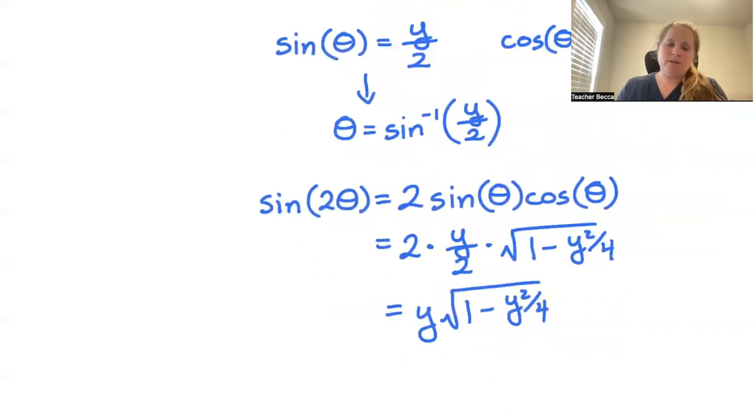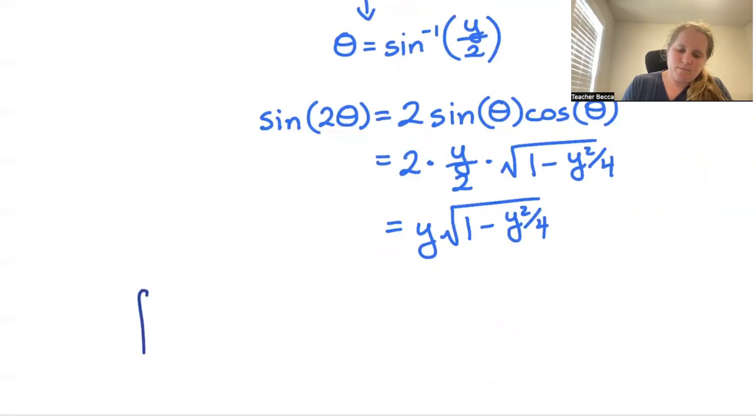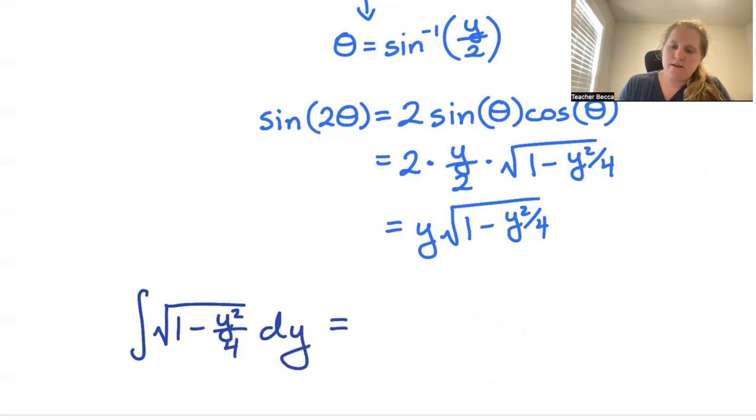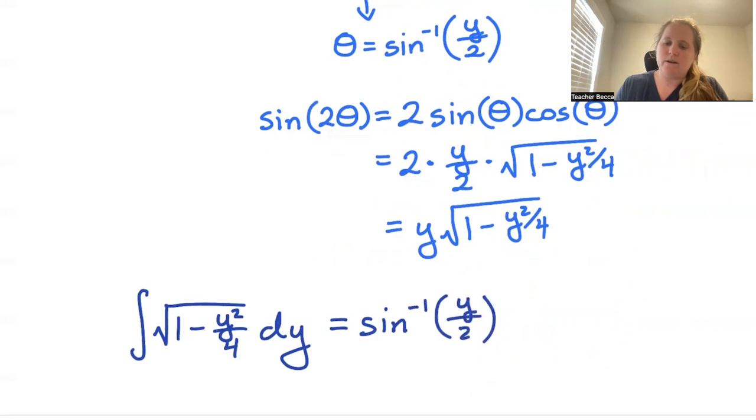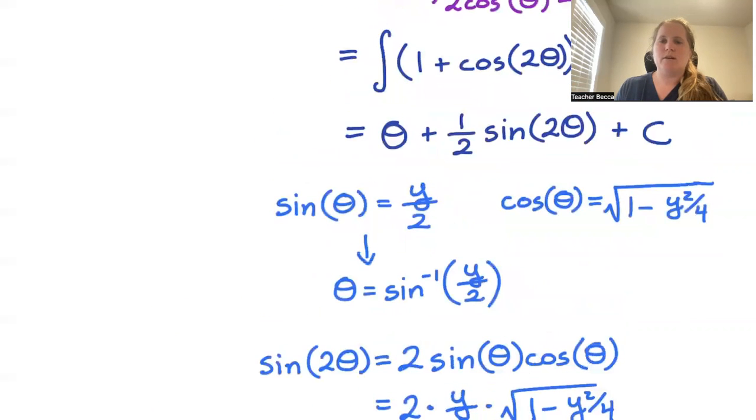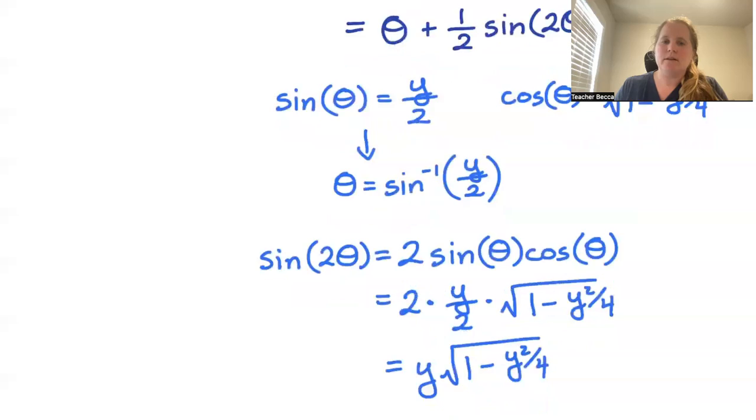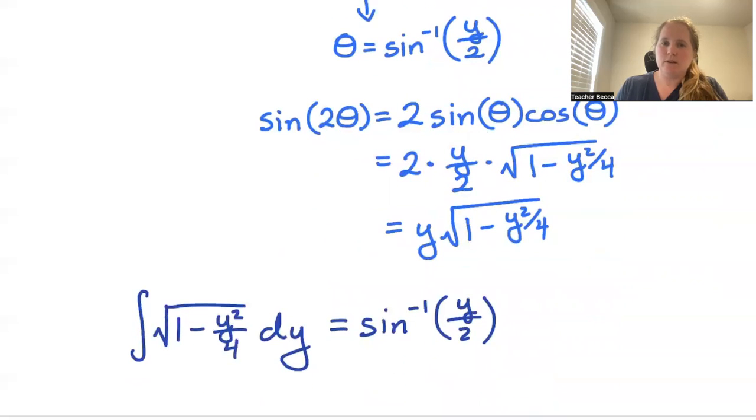So putting this all together, we have that our integral of the square root of 1 minus y squared over 4 dy is sine inverse of y over 2, since we had a theta, plus 1/2 sine of 2 theta.